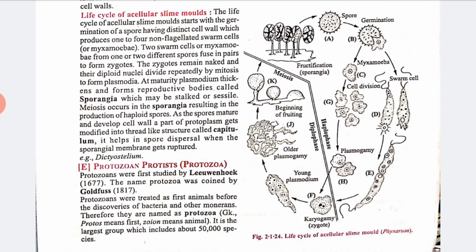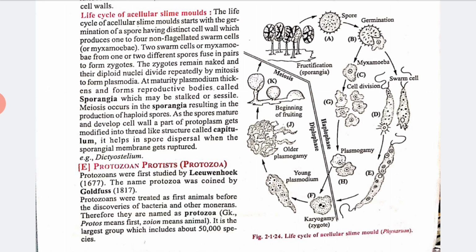So after the cell division, what will happen? These swarm cells develop flagella. You can see here a thread-like structure, that is known as flagella. These flagella take place, and the cells increase in size. Now the plasmogamy stage takes place, and they take a shape a little like amoeba. After the plasmogamy, you all know that the karyogamy stage takes place, which is the formation of the zygote, right?